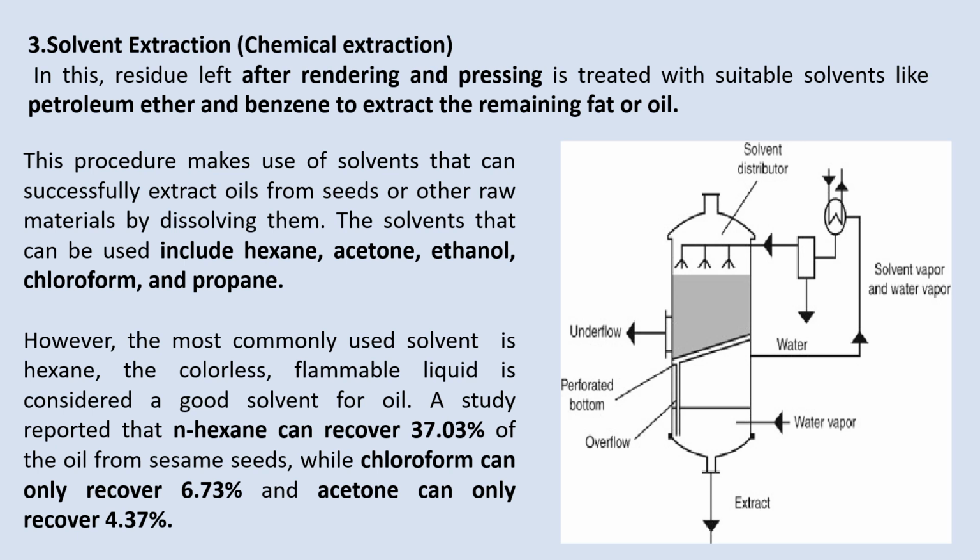A study reported very clearly that n-hexane can recover 37.03% of oil from sesame seeds, while chloroform can only recover 6.73% and acetone only 4.37%. So n-hexane is the best one to recover sesame oil.